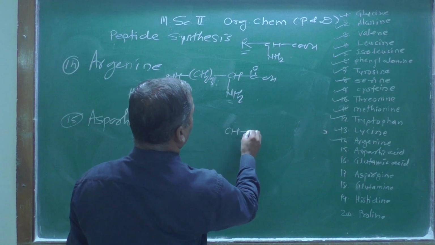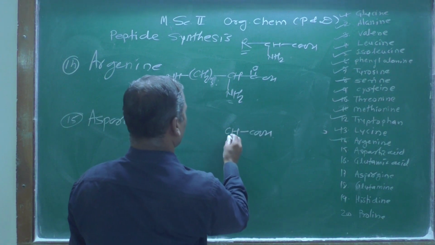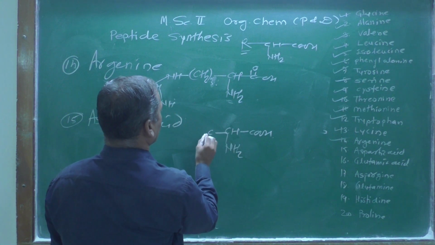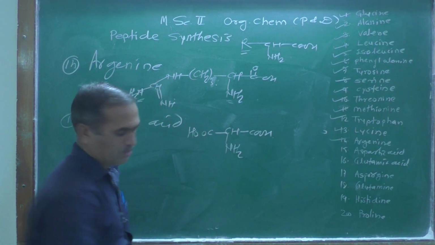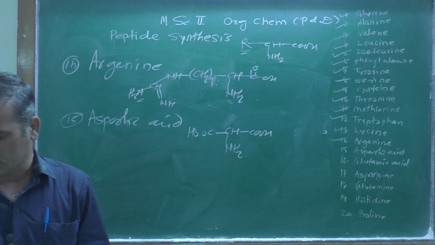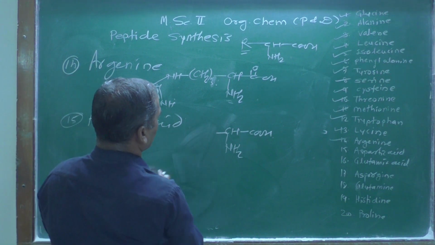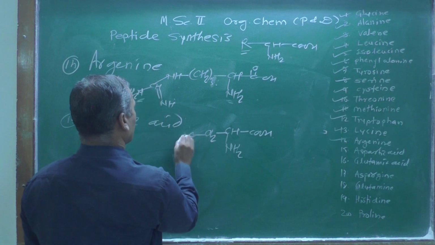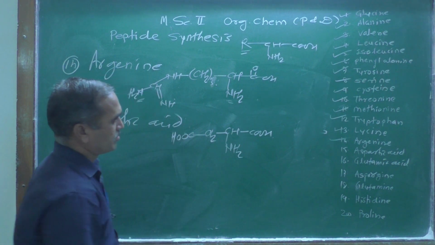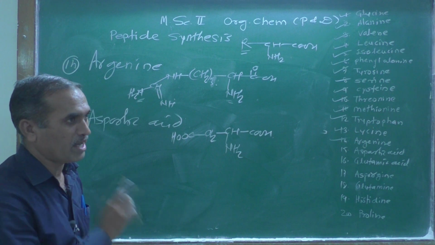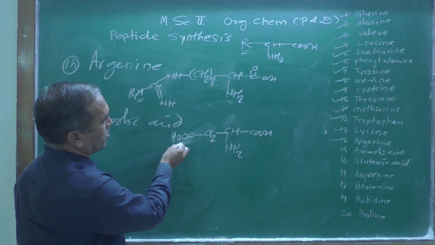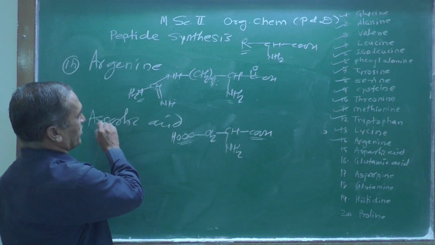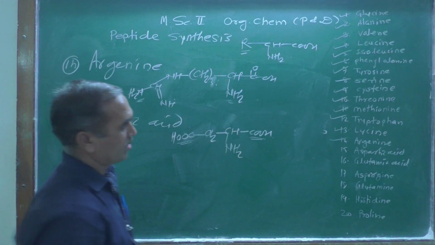Here CH, then COOH, then NH2 group, and then another OH group attached. One more CH2 group here, and then attached carbonyl group, carboxylic group. Look here, this is why it is acidic in nature, because there are two carboxylic groups present, and therefore aspartic acid is acidic in nature.